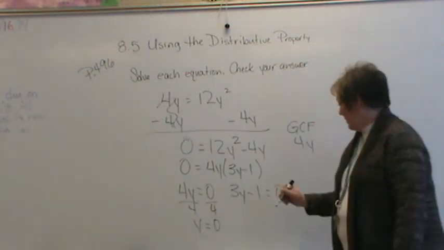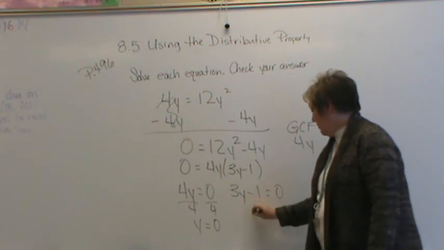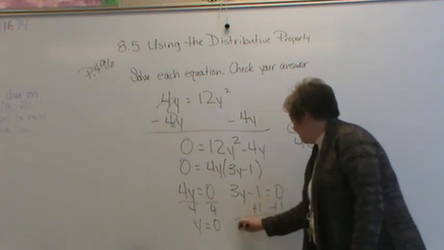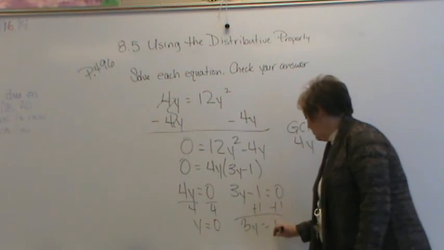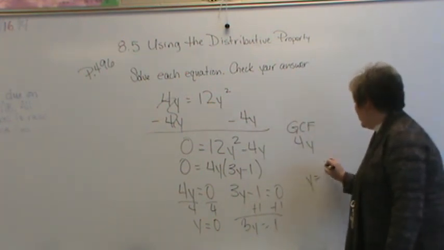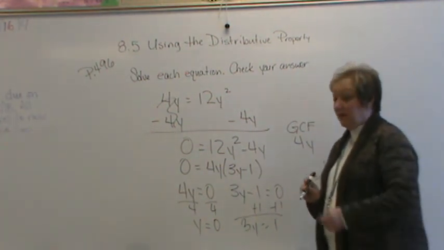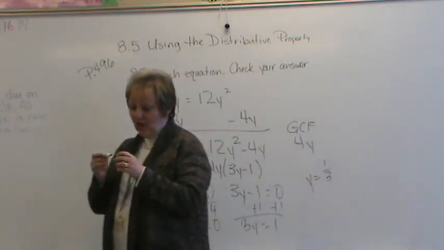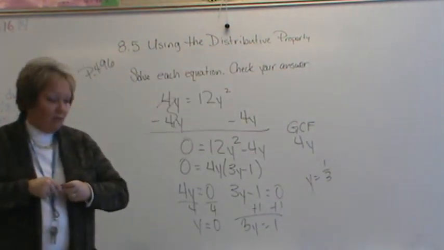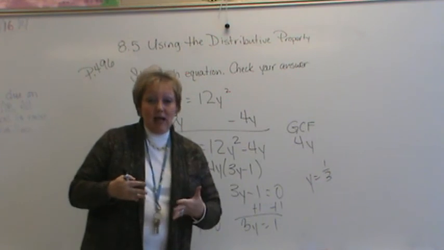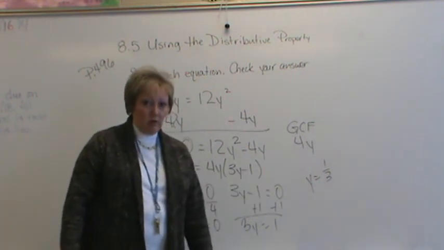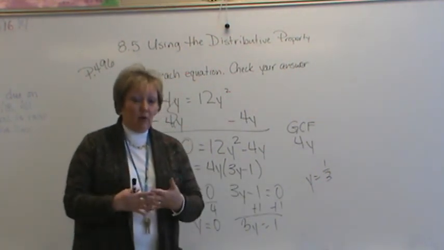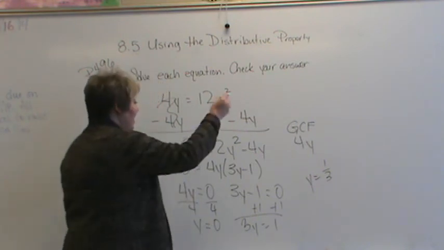Important. Okay, here, a two-step equation. So y equals 1/3. Now in the previous example, I showed you how to check these and make sure that you have a correct answer. This time, I'm going to let you perform the check on your own to make sure that we have a correct answer.